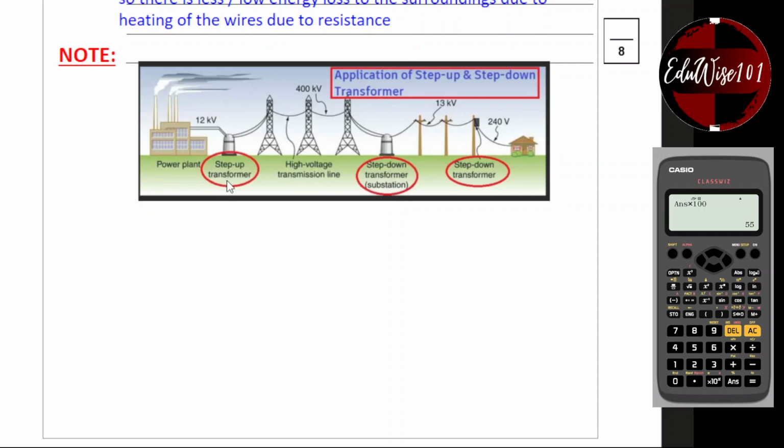So you have an initial step-up transformer and then step down as required.